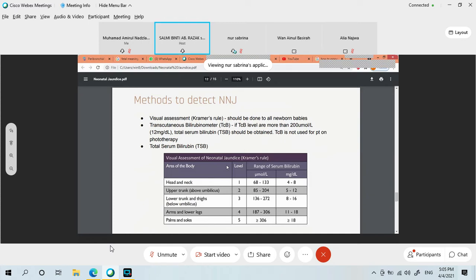Kalau dia gelap sikit you tekan sikit kulit dia tu, membantu ke tak membantu. Kalau membantu lah. Kalau tidak, dark skin tak boleh nak tengok. Sama juga if you talking about transcutaneous bilirubinometer. Okay, untuk skin fair tak apa. Tapi kalau dark skin, it might be affected lah. Boleh faham ke dari segi clinical I mention?